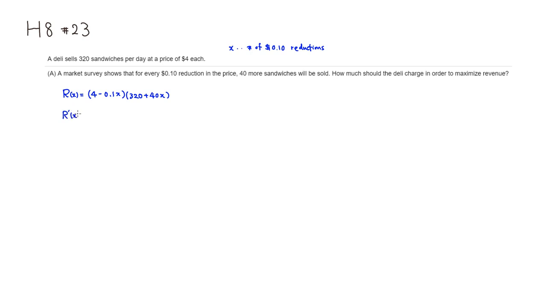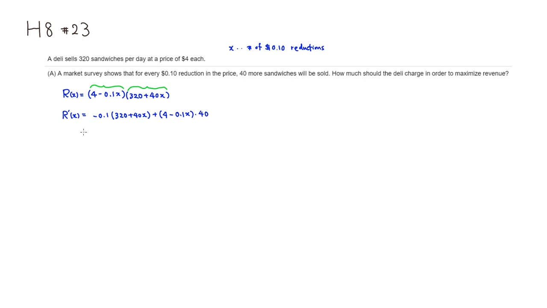R prime of x, I'm going to use the product rule, since you have this factor multiplied by this factor. The derivative of the first is negative 0.1 times the second, which is 320 plus 40x, plus the first, 4 minus 0.1x, multiplied by the derivative of the second, which is 40.